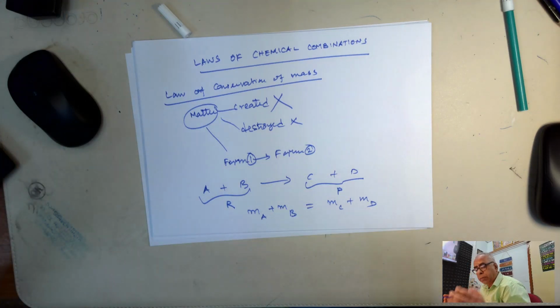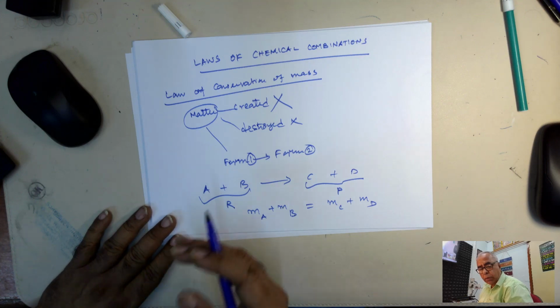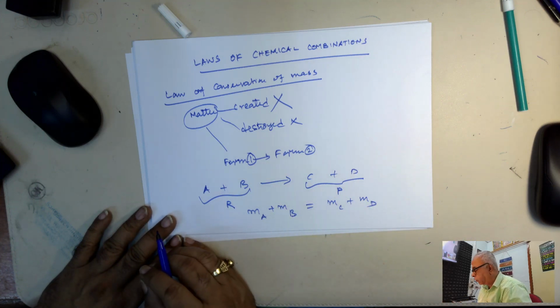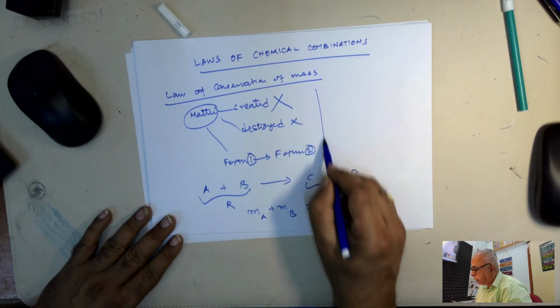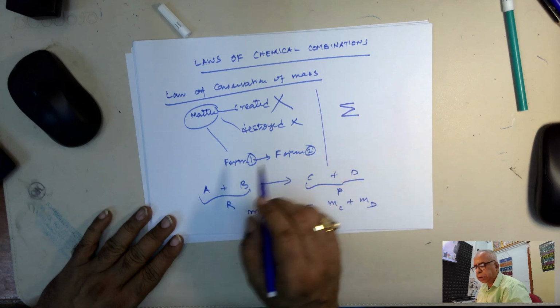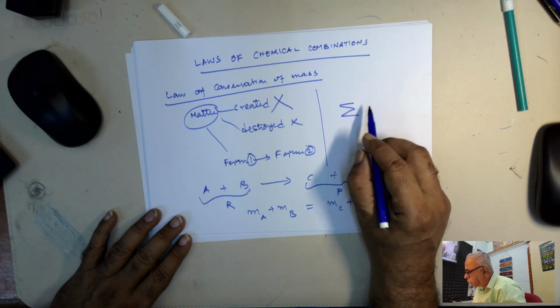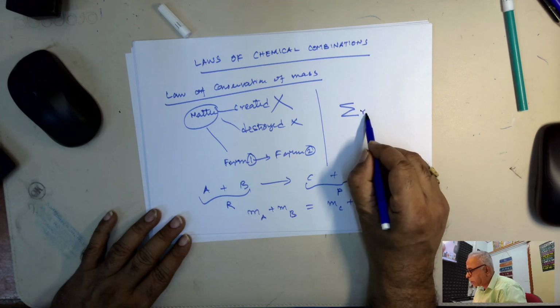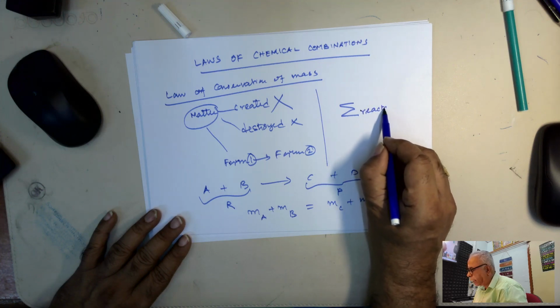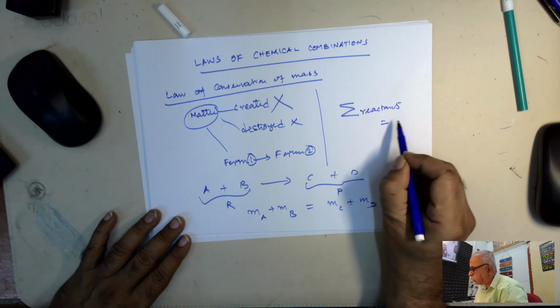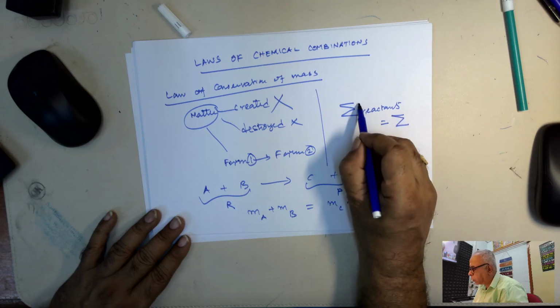But in case n number of reactants and products are involved, you can put the summation. This is called summation. The sum of the masses of reactants is equal to the sum of the masses of products.